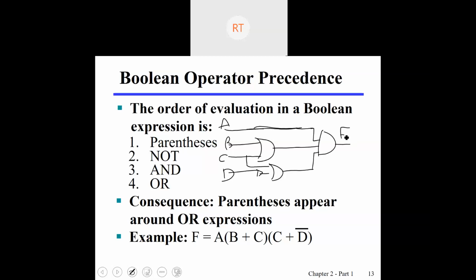Okay, so this is B or C, this OR gate. This is C or D bar, it's another gate. And A and the output of B or C and the output of C or D bar with an AND gate will give you an F. Is it clear? Of course you need a bubble here, for the D, to get a D bar. Any question? So this is the circuit of F equals A times (B plus C) times (C plus D bar).